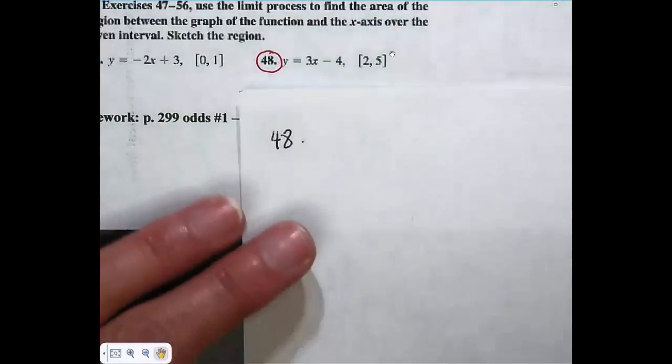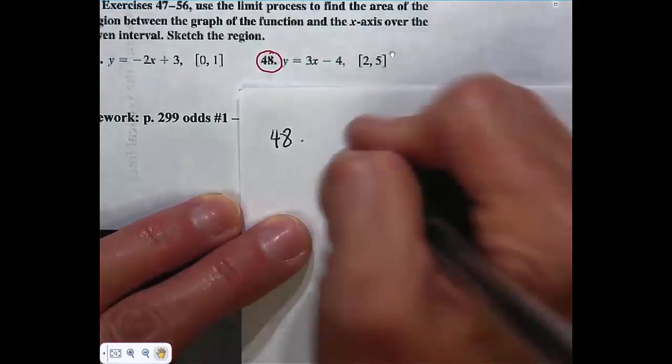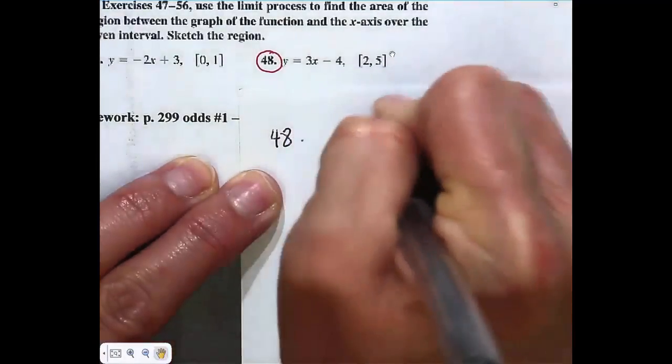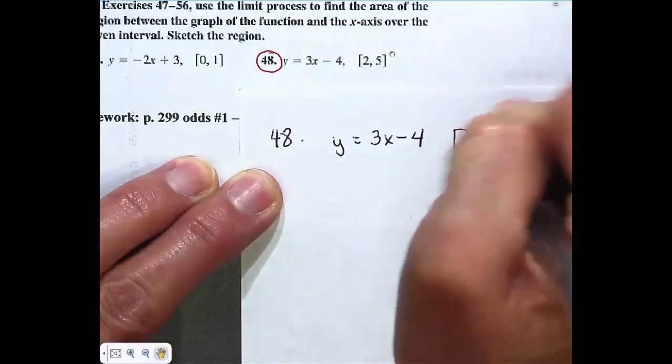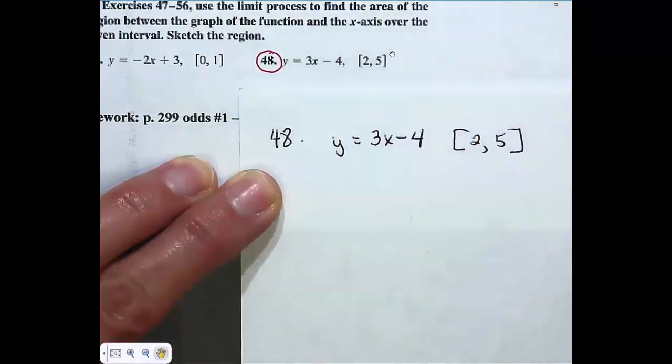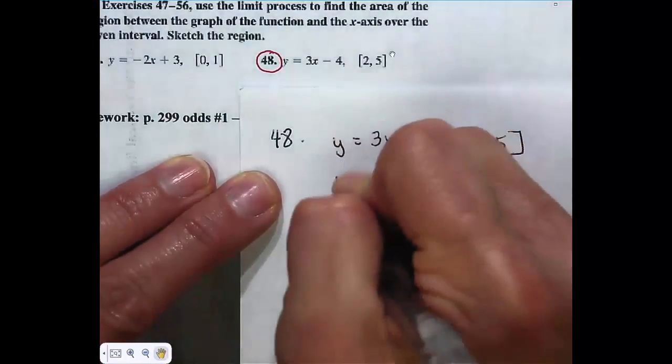Number 48 says, use the limit process to find the area of the region bounded by y equals 3x minus 4 on the interval from 2 to 5. Let's see if we can draw the area we're trying to find.